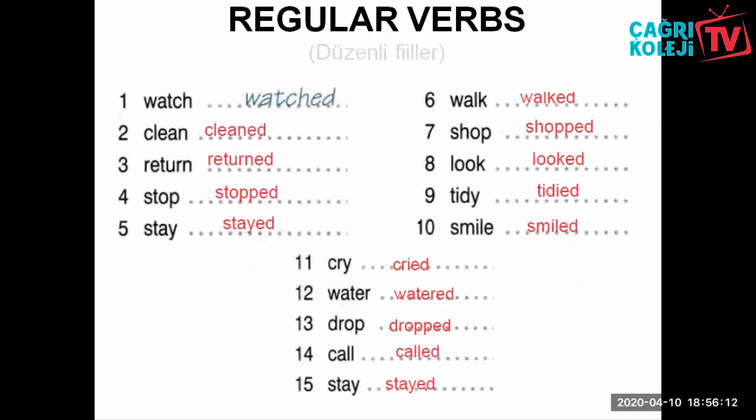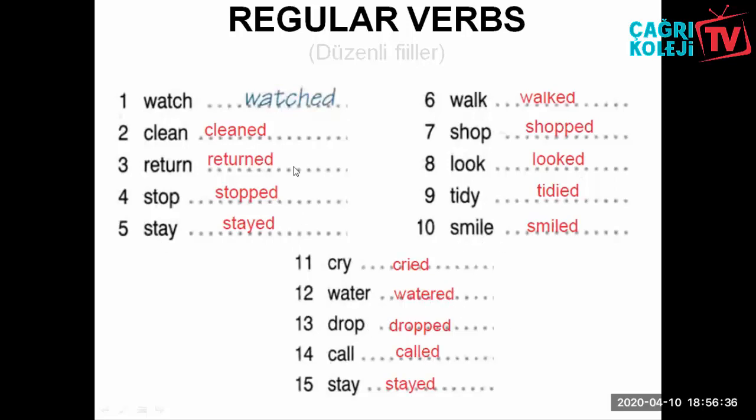Last week we learned how to make the verbs past with the regular verbs. You know, it was very easy. We just add ed to the end of the verb: watch, watched, return, returned, stop, stopped, stay, stayed, look, looked, water, watered, call, called.